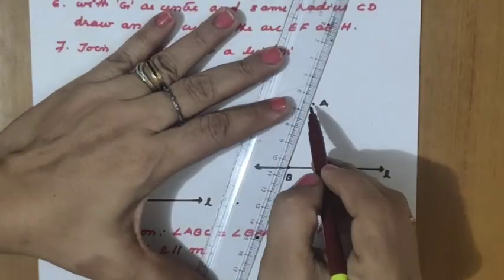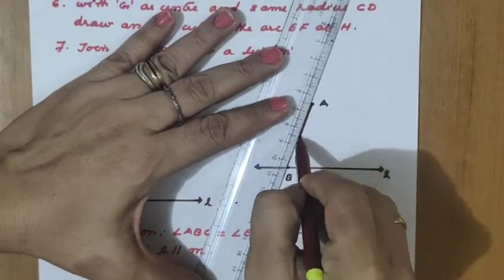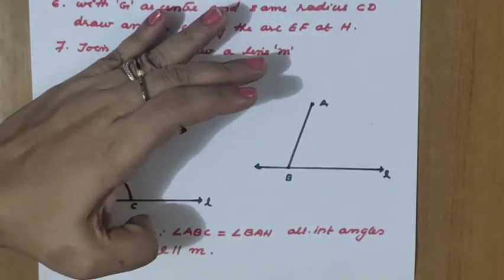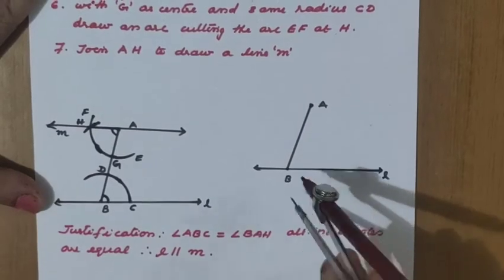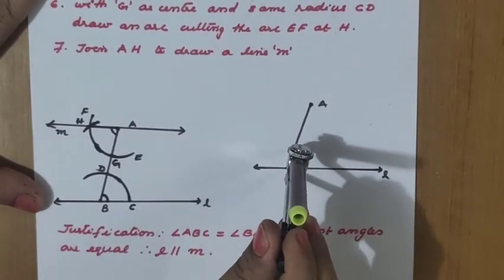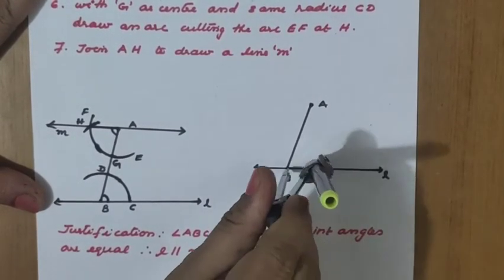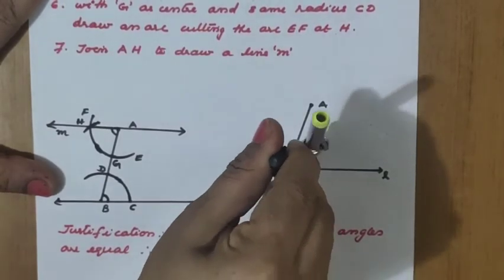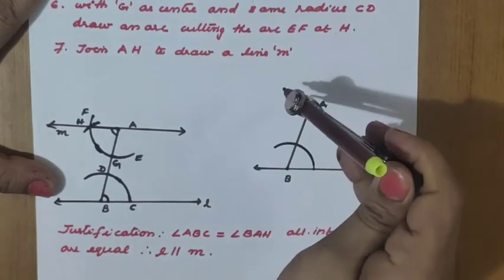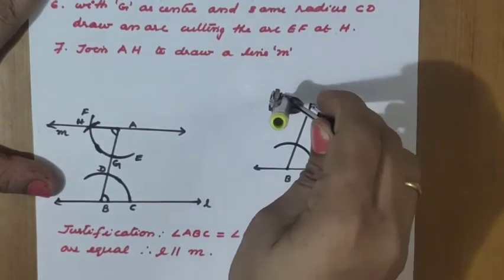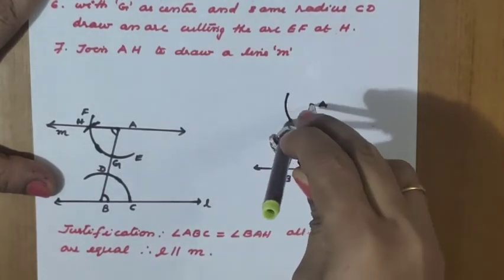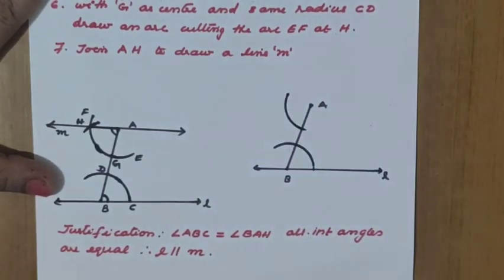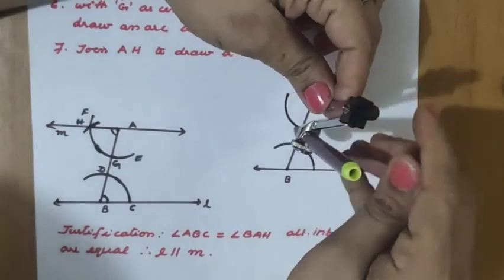AB to be joined. Now at B, a convenient radius you should take, and we are drawing a semicircle, or an arc is also sufficient. Here we are drawing the same way, the same radius at A we should take, but start on the opposite side and cut this line. Okay, a little more extension we can take.